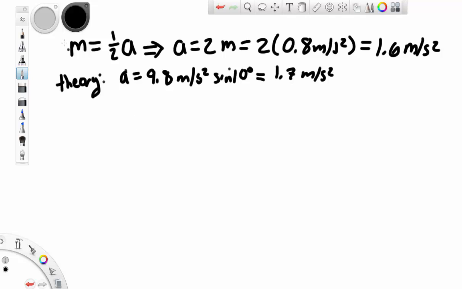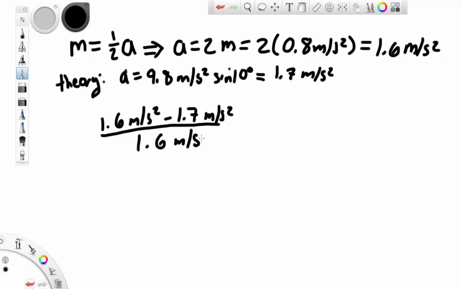So that looks like this. 1.6 meters per second squared minus 1.7 meters per second squared divided by 1.6 meters per second squared. This is our percent error. So this guy is times 100% to make it into a percentage.